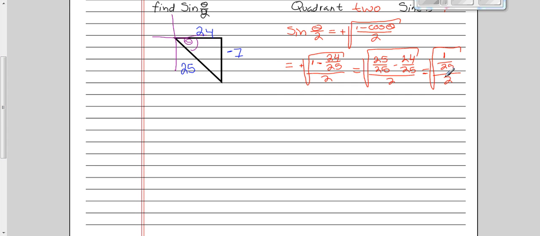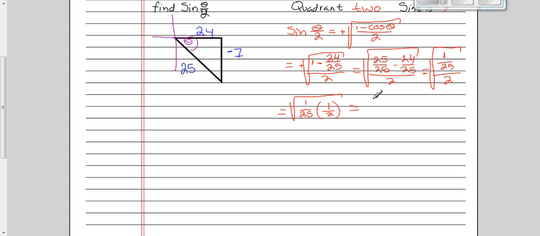Now I'm going to multiply by the reciprocal of the denominator. So I get 1 over 25 times 1/2. This is still square rooted. Make sure you don't forget that square root sign.